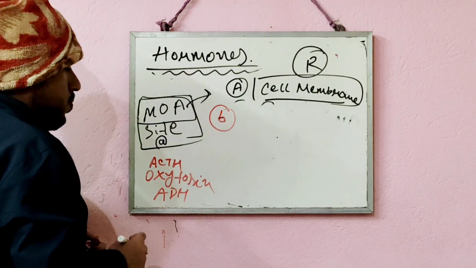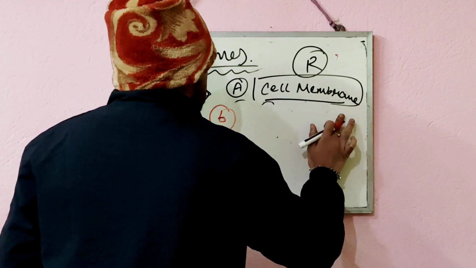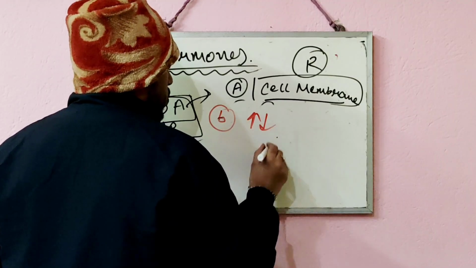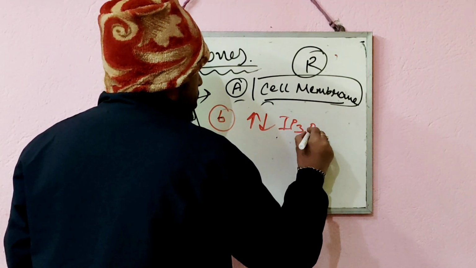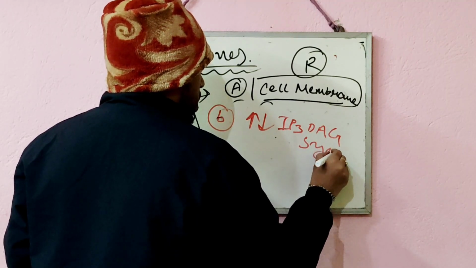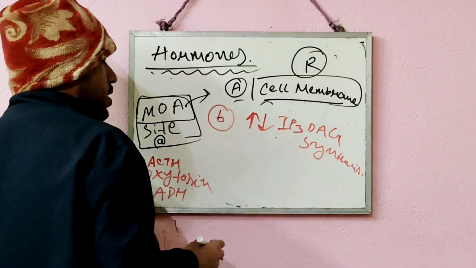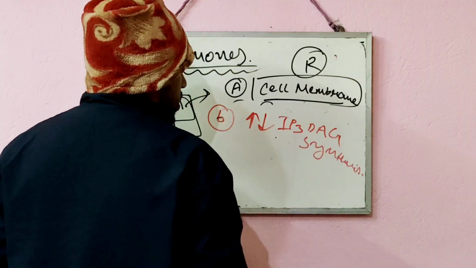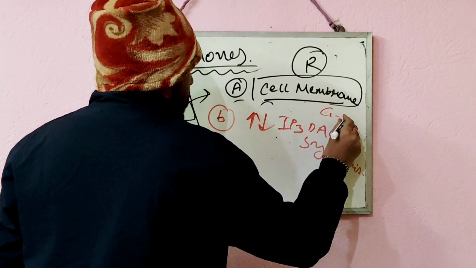What is the outline of that mechanism of action? First one is the regulation of IP3 and DAG synthesis, which we have already studied in the receptor chapter, when we discussed the G protein coupled receptor.